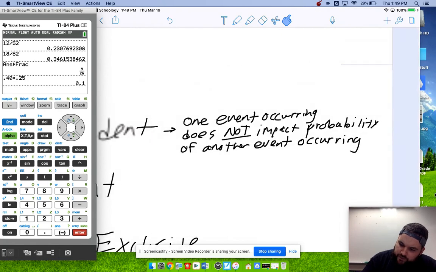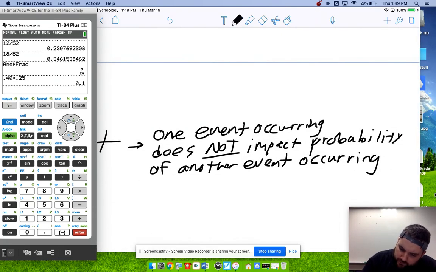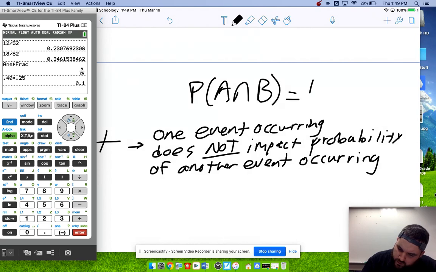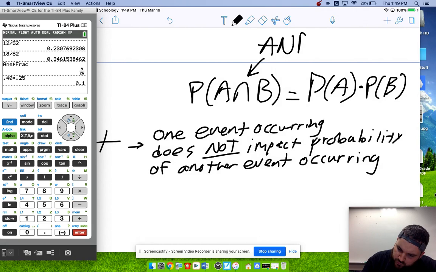And again, we have this formula that goes with that. And I would make a note to yourself if you are a summary writer, that symbol just means and.